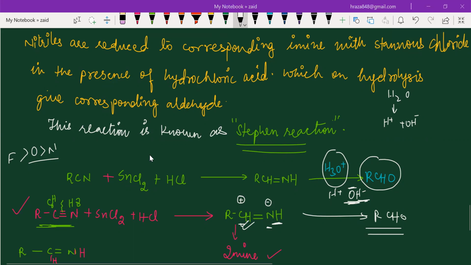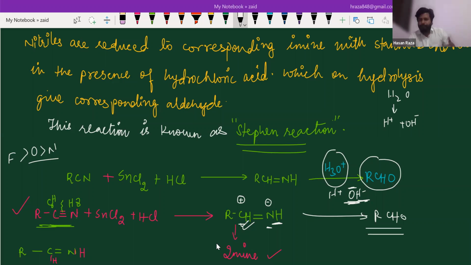So is this mechanism important? It's not the mechanism. Basically, it's just a trick to understand how the reaction happened.